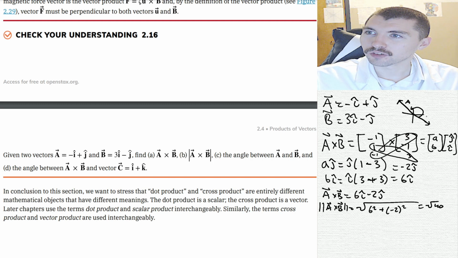We're going to have a negative angle here, and then this will be a positive angle. I'll say this is theta, and this is alpha.